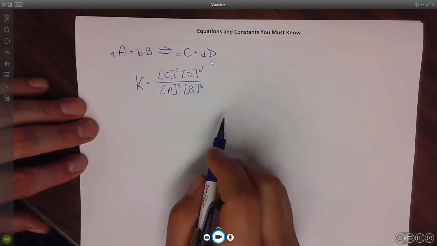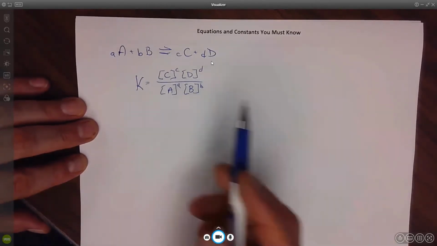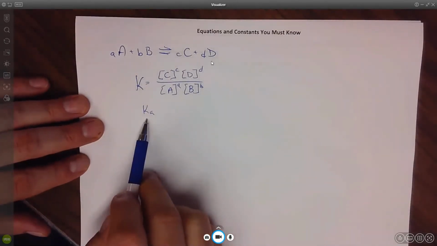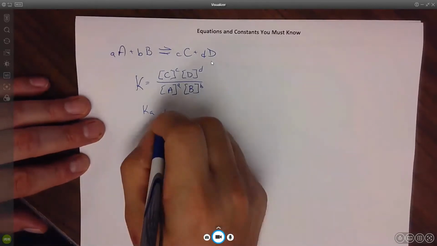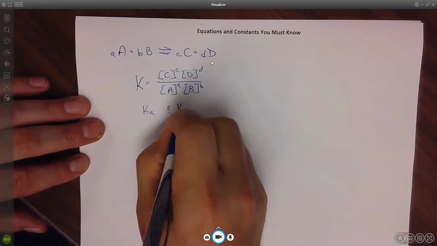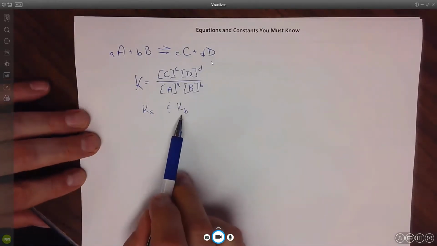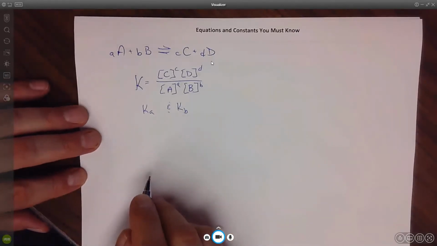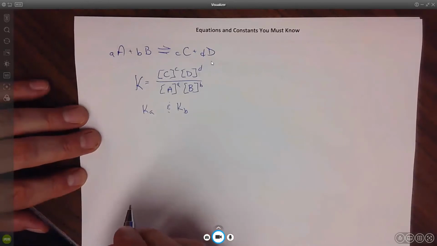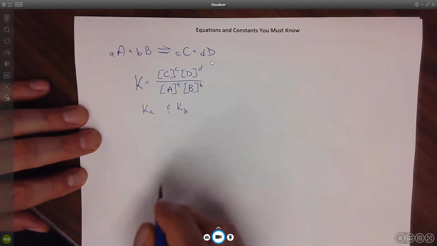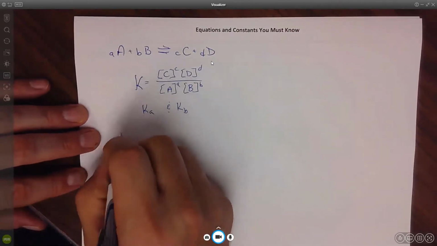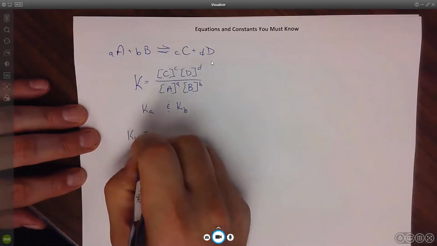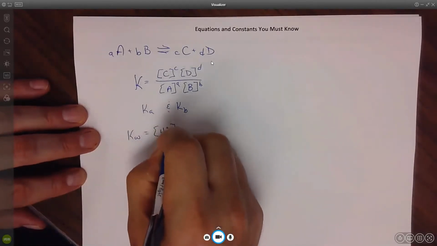And now, instead of just using a regular K, we introduced Ka, which was the acid dissociation constant. We're going to talk here shortly about Kb, which is the base equilibrium constant. So we're going to call it Kb. We talked about the self-ionization of water, and it had an equilibrium constant expression that looked like this.